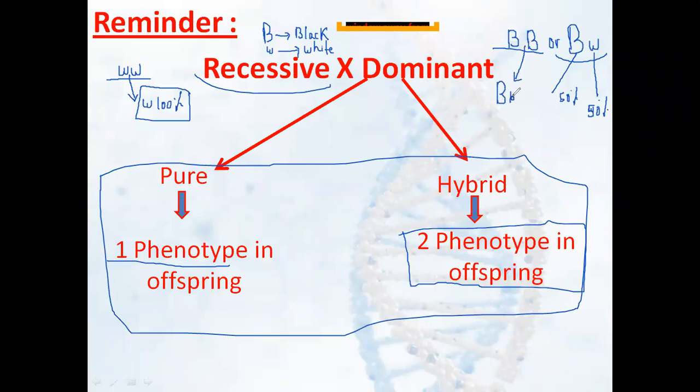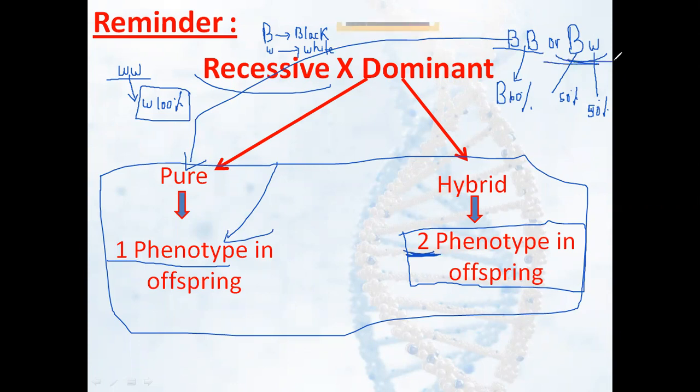So what determines whether the parent is homozygous or heterozygous is the offspring. If we have only one phenotype, the dominant parent gives only one type of gamete, so it's pure. If we have two phenotypes, the dominant parent gives two different types of gametes, so it's heterozygous.